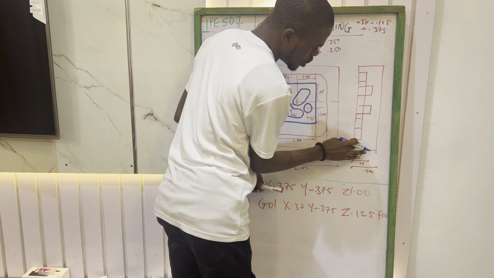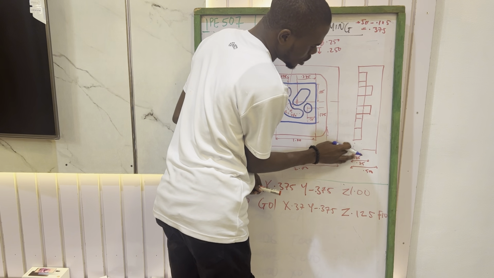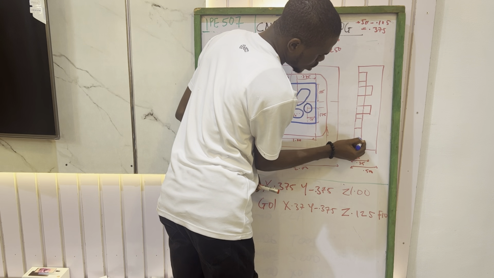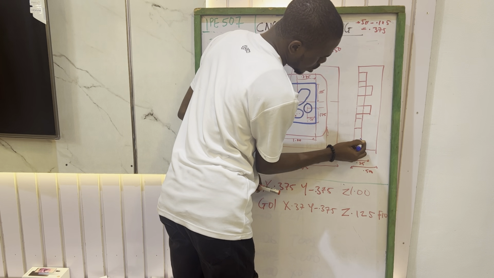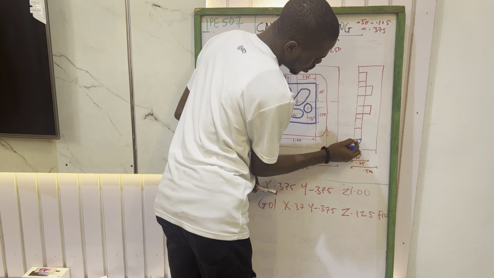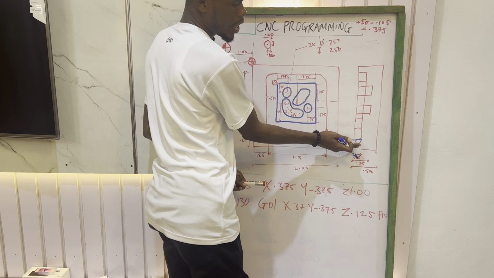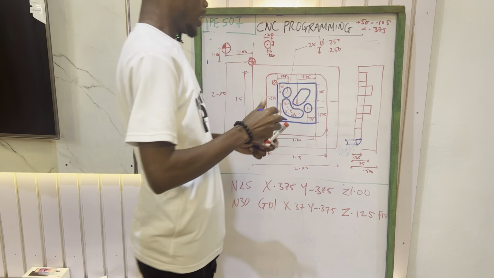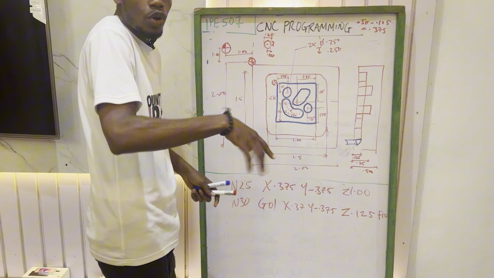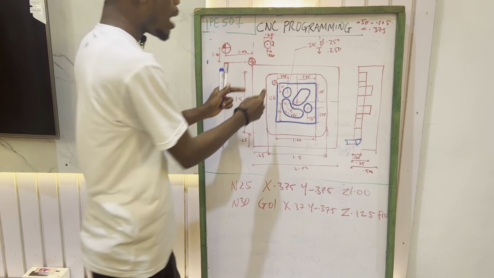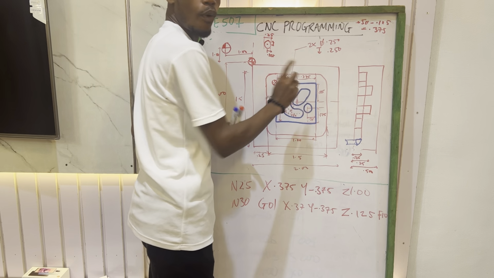Your cutting tool is here. It has moved to this particular point. You want to start working now. So now your cutting tool has already entered. It's already rolling, performing its operation inside. So we now want to move from this point to this point.